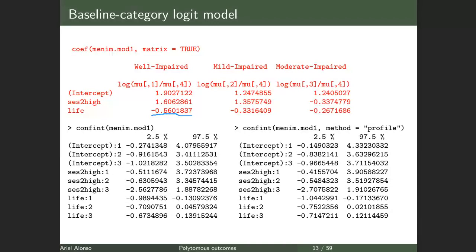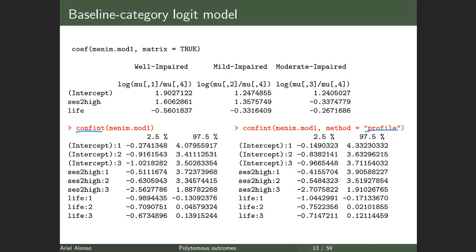Now you can calculate confidence intervals for all these parameters. Unlike in classical logistic regression, in which the default to calculate the confidence interval is the profile likelihood method, here if you use confint, the default is the Wald confidence interval. We have seen that Wald confidence intervals have some problems. They are not invariant to transformation.